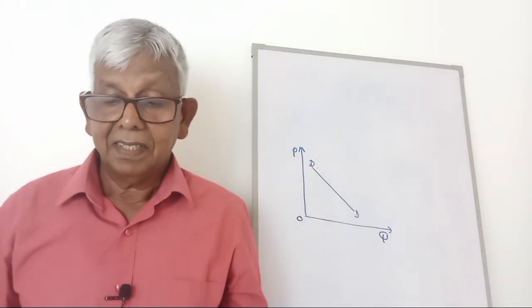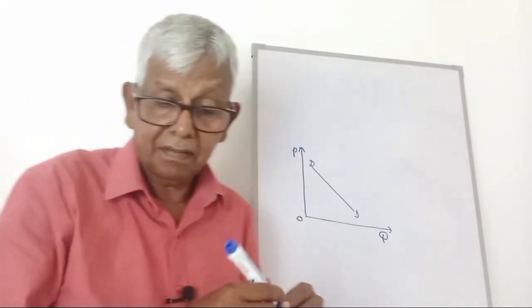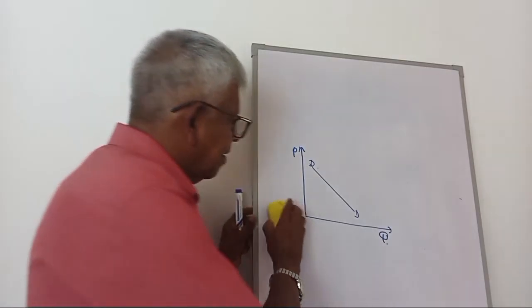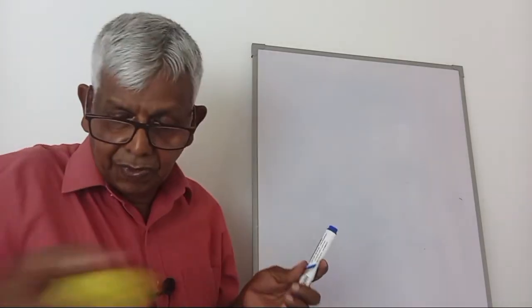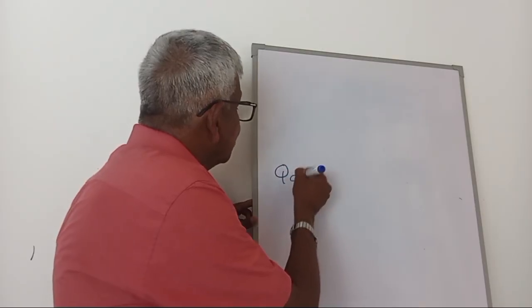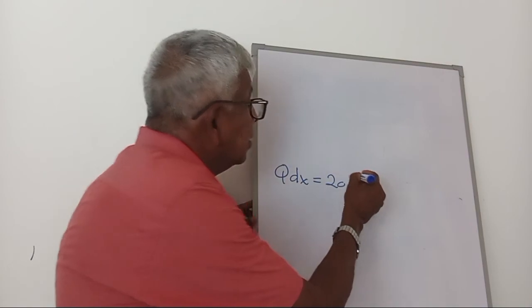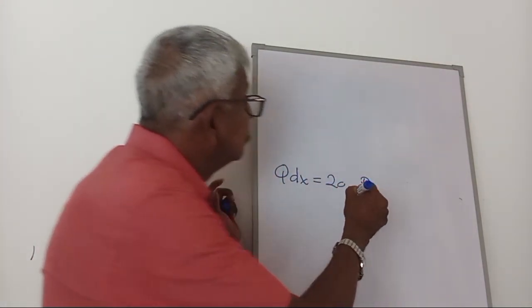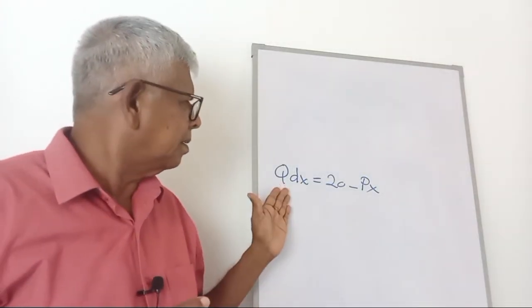Okay, the demand equation. QDX equals 20 minus PX. This is a demand equation.